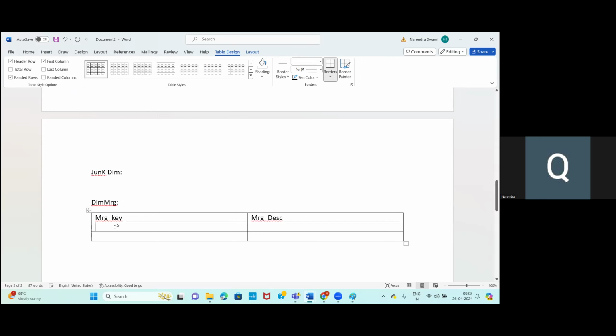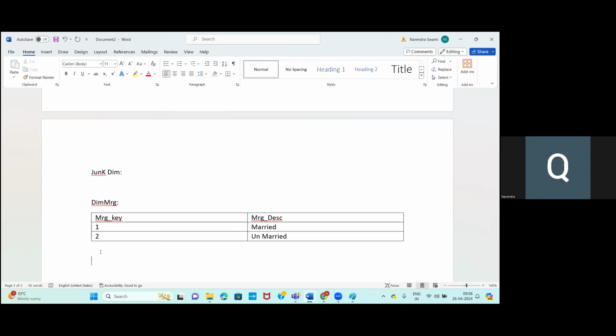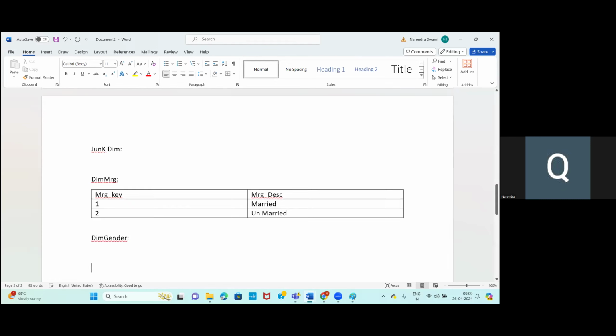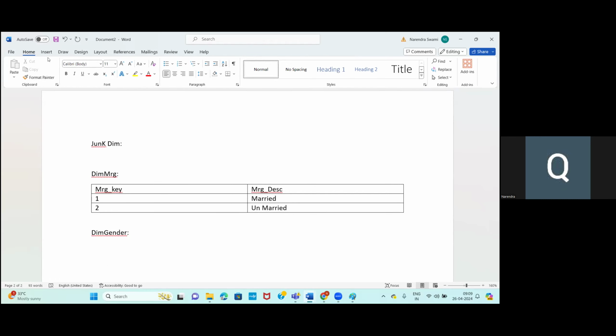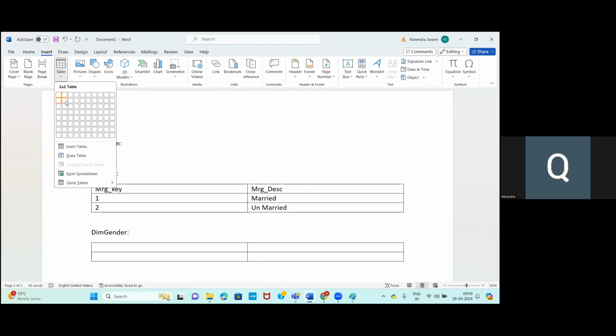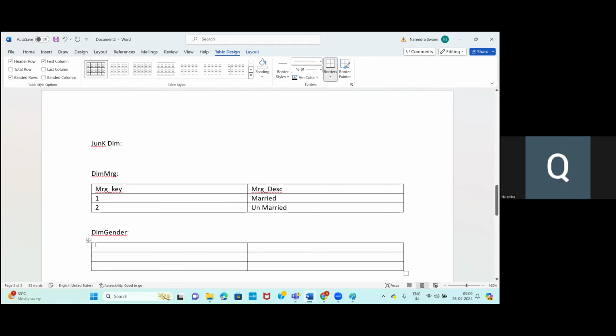What is in the marriage key? Marriage key is, say, one, a single number. The description is married or unmarried, right? Two types of customers will be there. And we have one more dimension table called dim gender. This dim gender also has two columns: gender key and gender description.